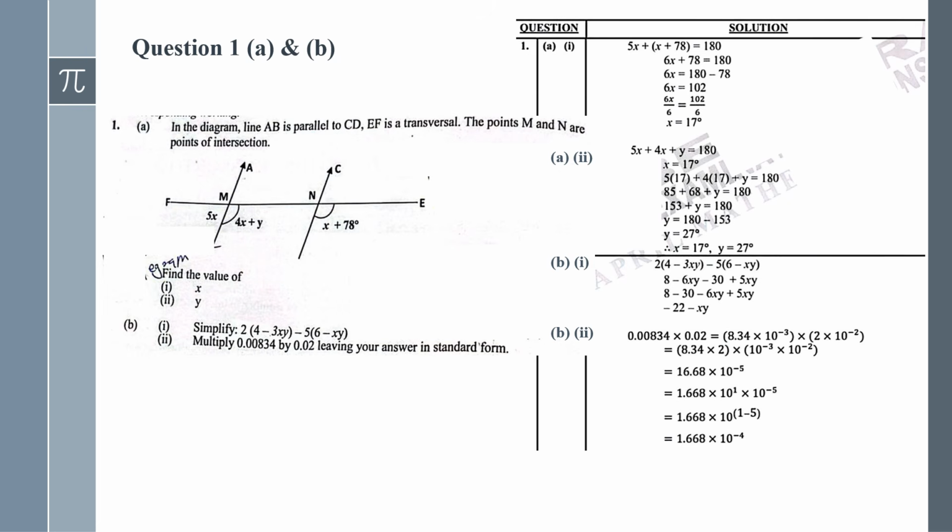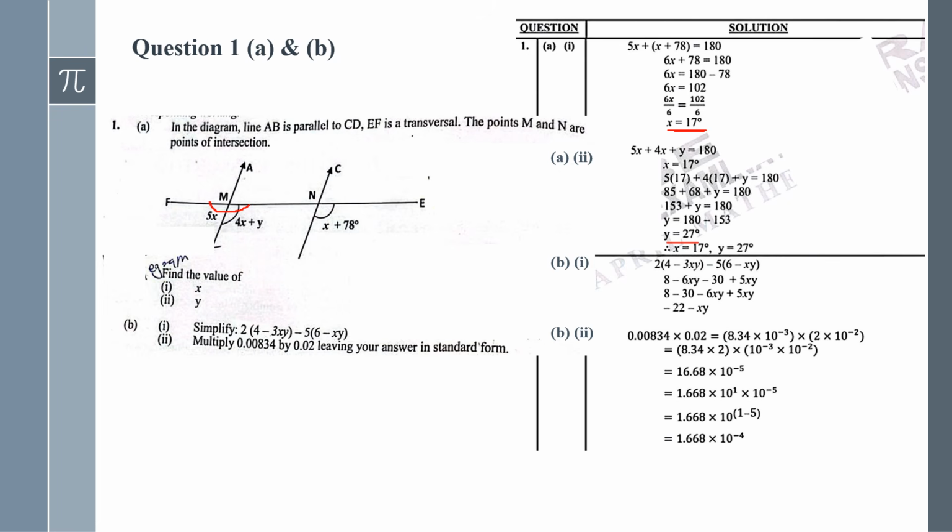And then you make x the subject, so x is equal to 17 degrees. And then to find y, we simply add 5x plus 4x plus y. Since they lie on a straight line, linear pair, they add up to 180. And we know the value of x, so we substitute, and y is equal to 27 degrees.